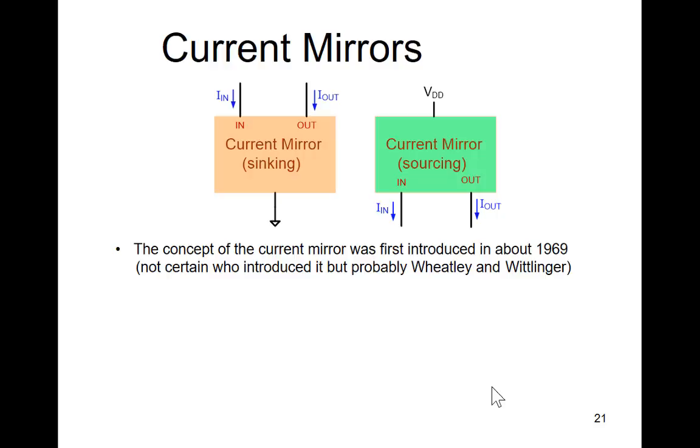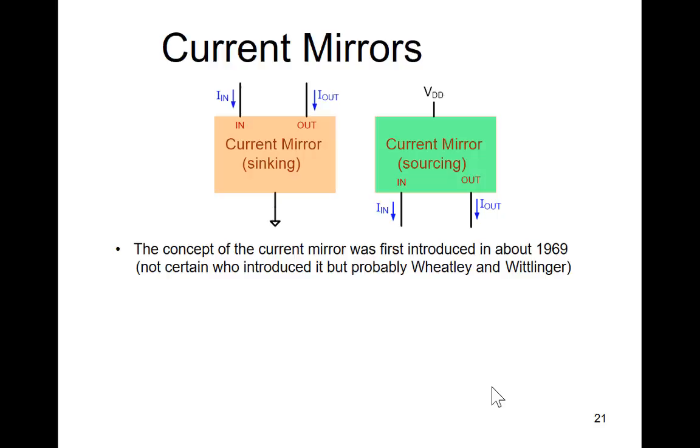Anyway, the concept of a current mirror was introduced, I think, in 1969. After I couldn't find what a current mirror was in a textbook, in the literature I saw current mirrors being used after I figured out what one was, but the earlier papers on op amps did not call them current mirrors. And they didn't draw them like we draw them now.